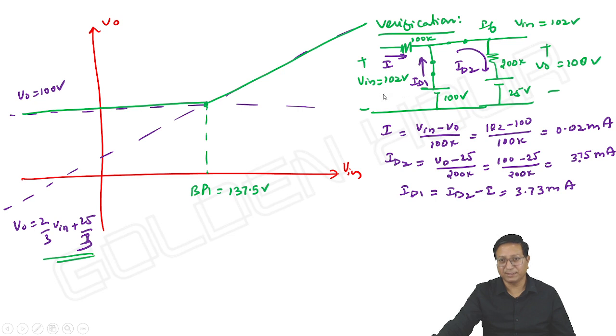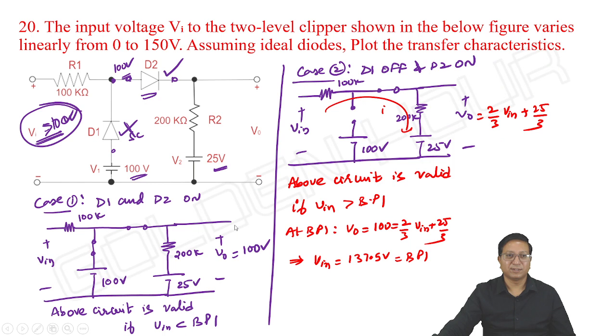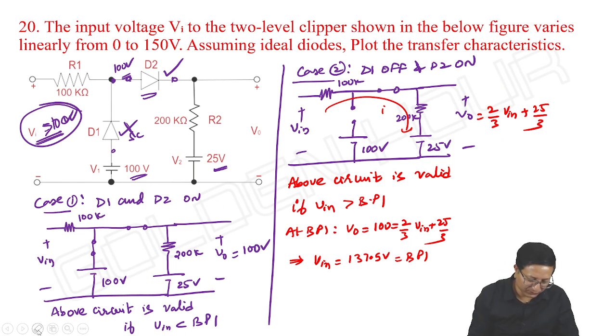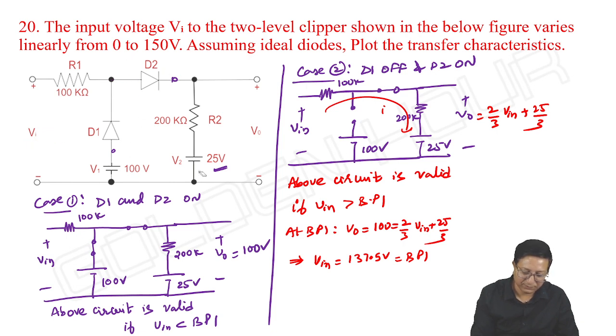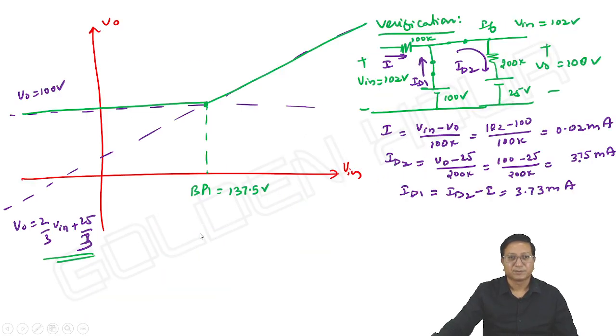If input is more than 137.5, immediately D1 becomes off, but D2 still continues to be in conduction. That's it. So the final transfer characteristics are the same.